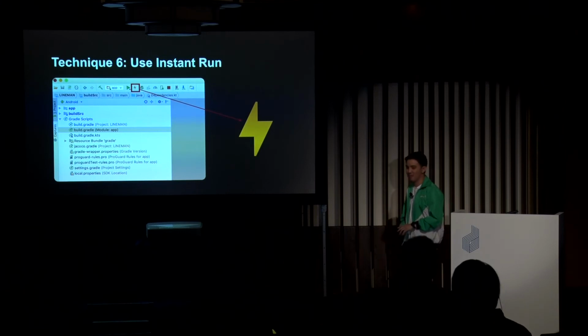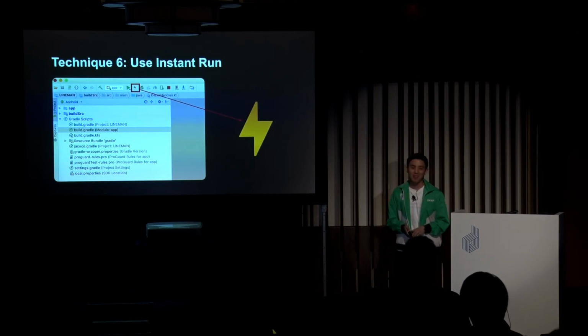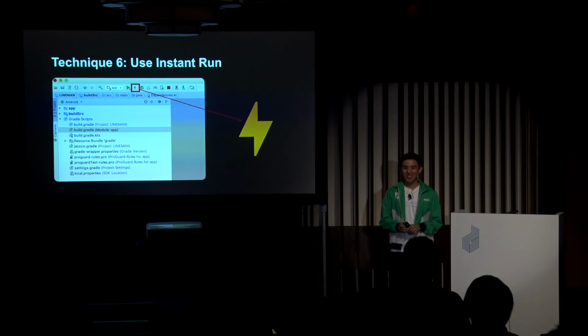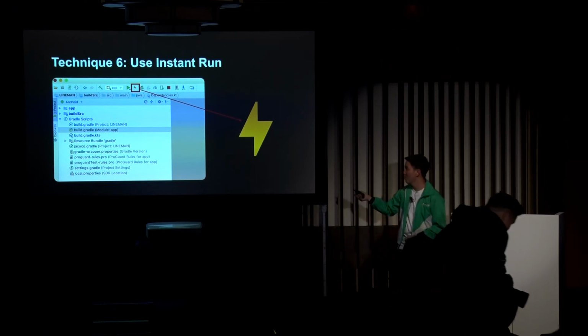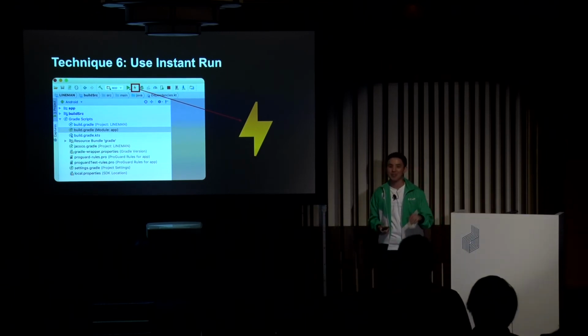Technique 6 is to use Instant Run. How many of you use Instant Run in Android development? Surprise me, or just one? Okay, just one. So by default, you see the run button is a play symbol, beside the thunder symbol.